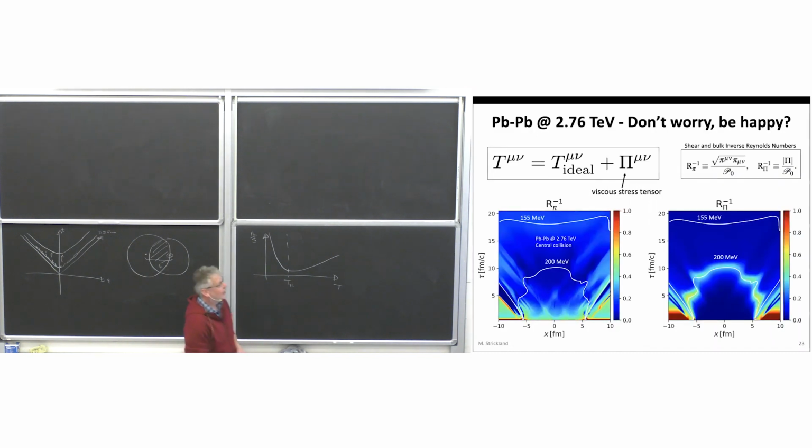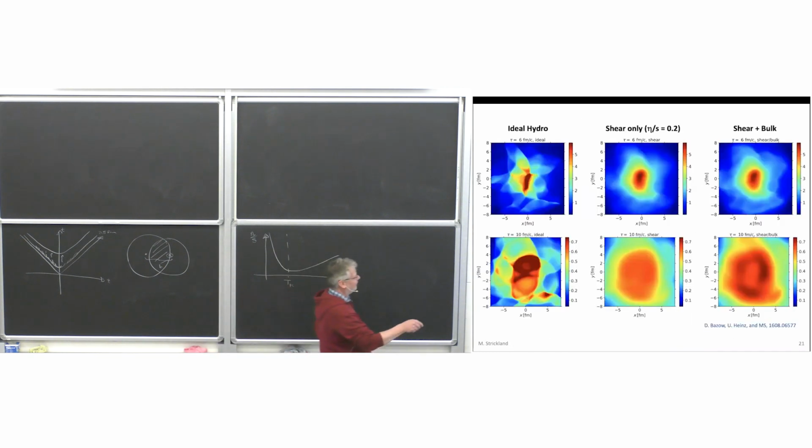Okay. I'll move faster. So you can plot these things. Same simulations that I showed before. Now what I'm doing is just taking a slice in the x direction, along y equal to 0, and showing it to you as a function of proper time.